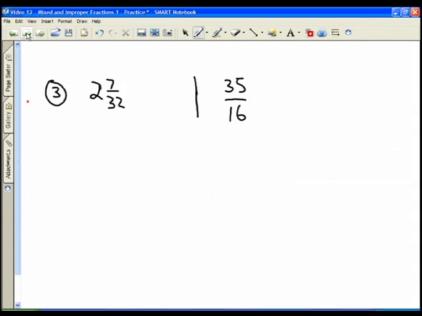And if we take a look at our last example here, 2 7/32. Again, this is probably getting a little old, but we know there's a multiplication sign there and an addition sign there.